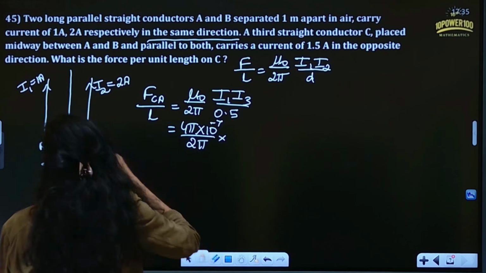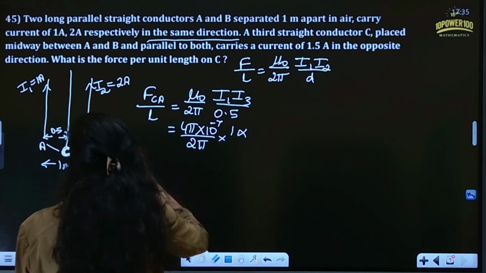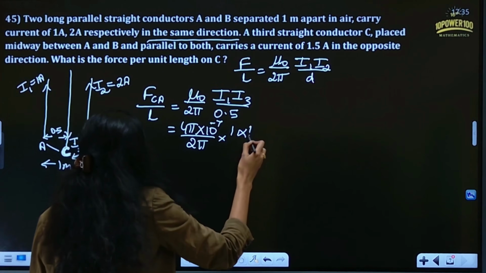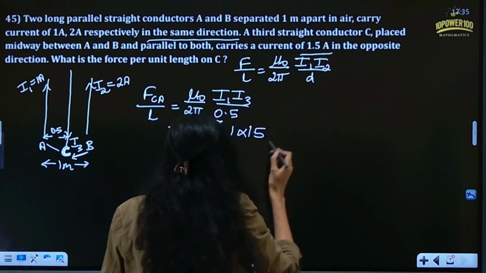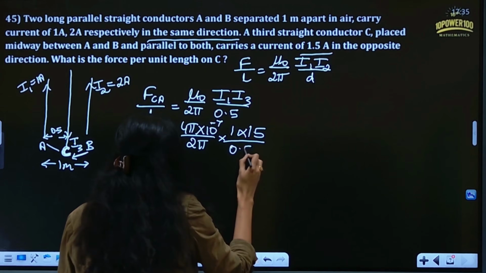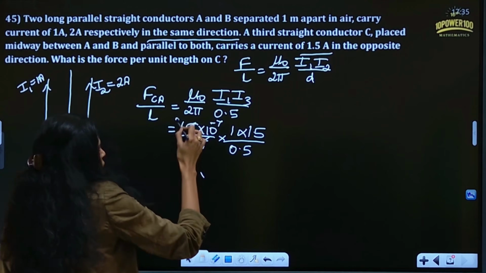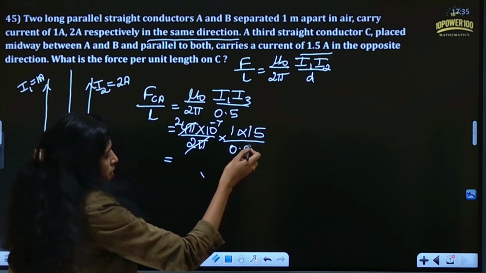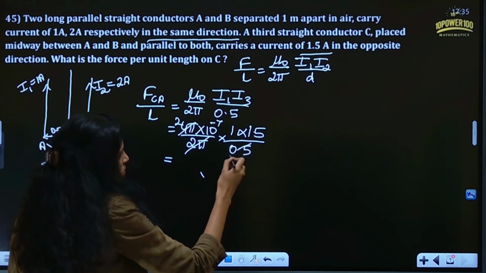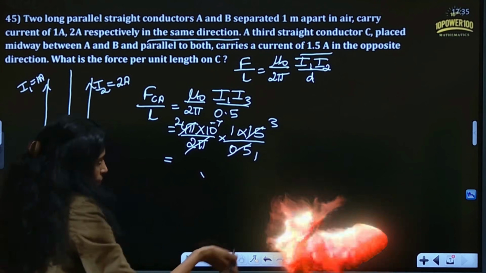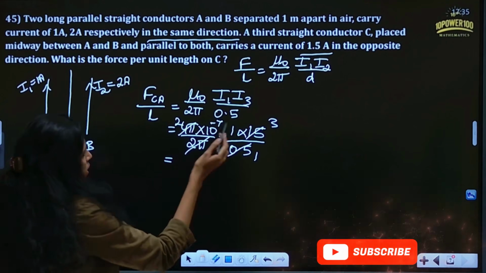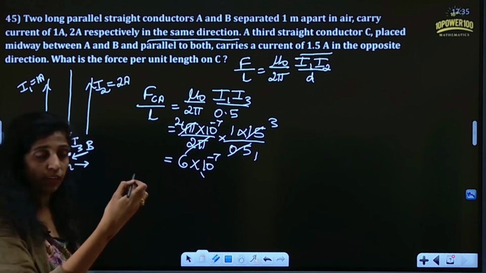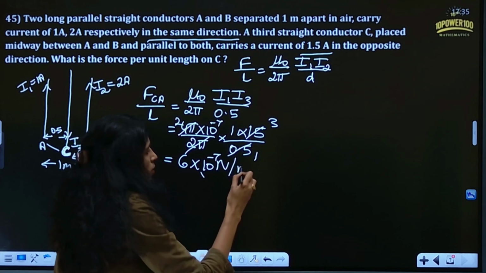The value of I1 is 1 and the value of I3 is 1.5, it's given over here, divided by 0.5. You can cancel 2 pi here too. And then 1.5 divided by 0.5 can be taken as 3, right? Then 3 into 2 is 6 into 10 power minus 7. It's a force per unit length, so the unit is Newton per meter.